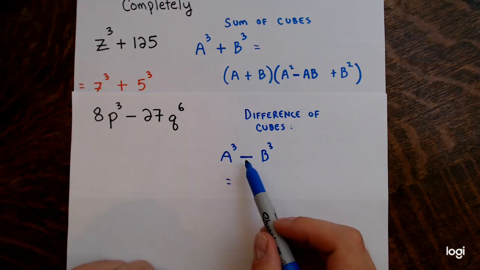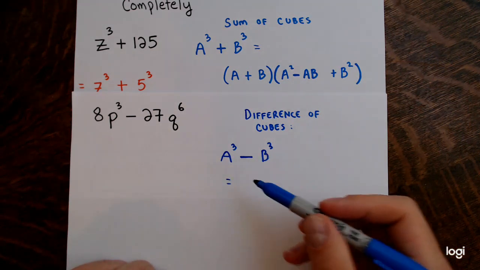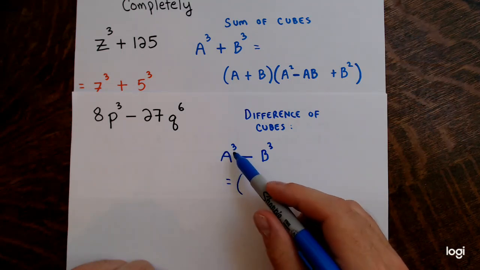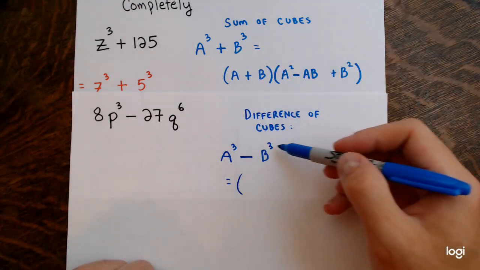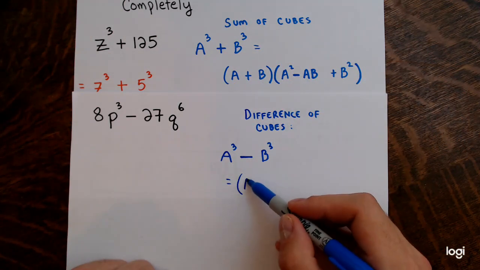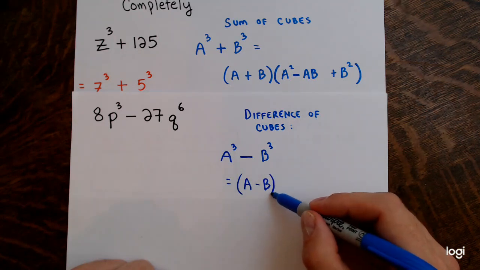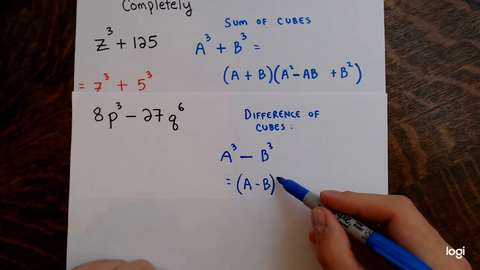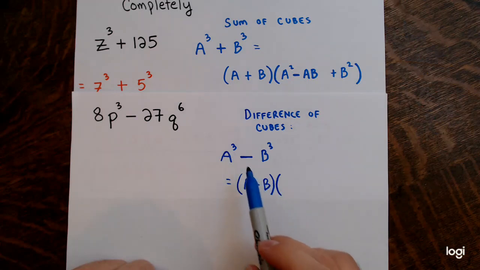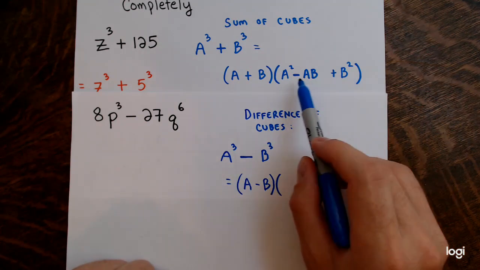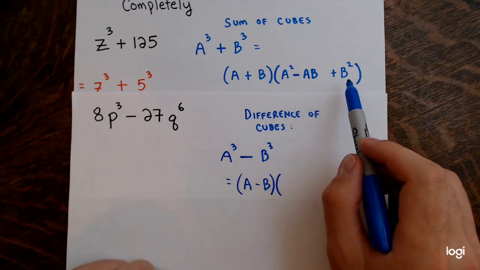So a cubed minus b cubed factors to the first factor in the product. Again, just like I did up here, just get rid of the cubes. A minus b multiplied by, and then it looks almost exactly the same as for the sum of cubes.